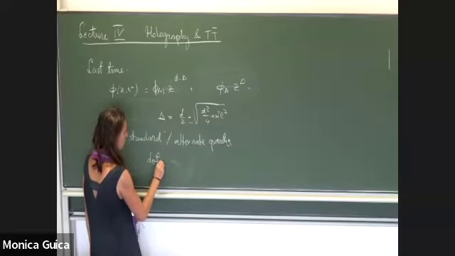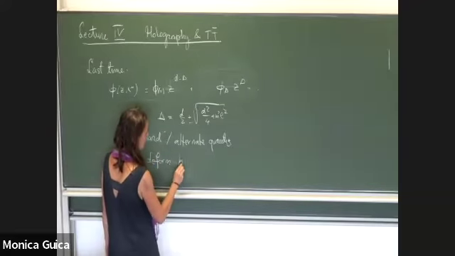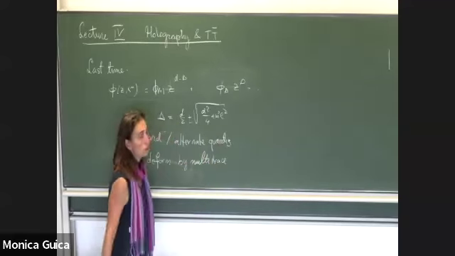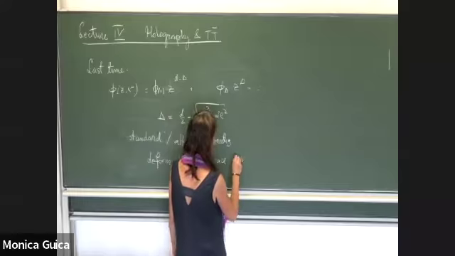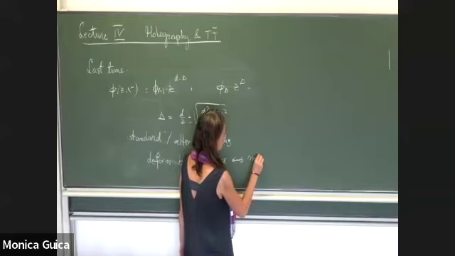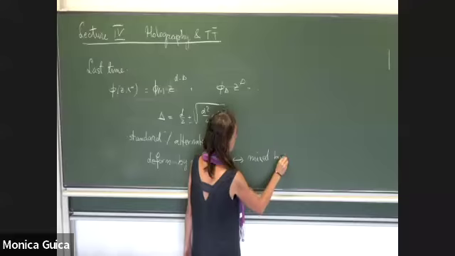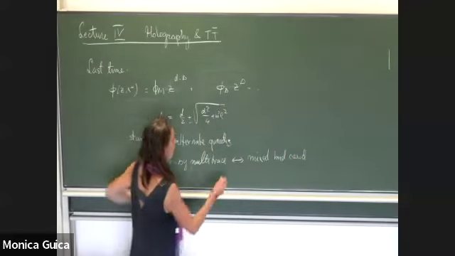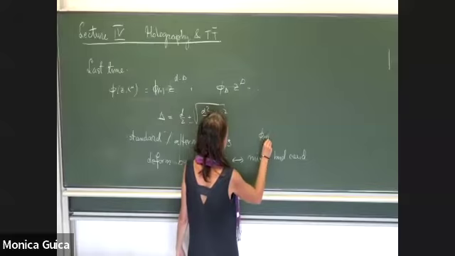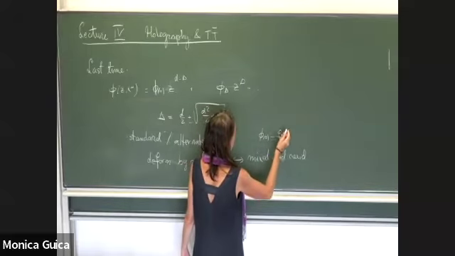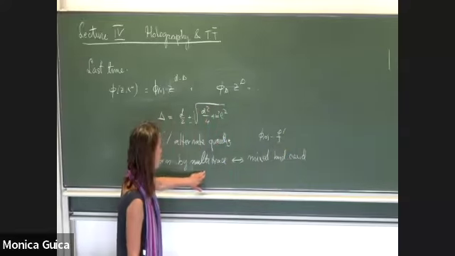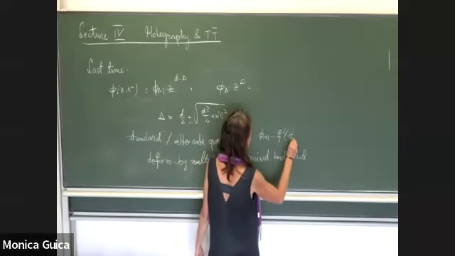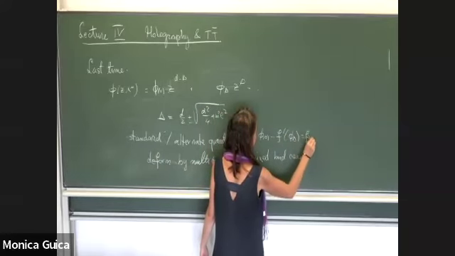If we decide to deform the CFT action by a multi-trace operator, then we found that what this does in the bulk is to impose a mixed boundary condition for the bulk field, of the form phi_0 minus whatever the multitrace function was, we call the multitrace function f prime over Delta, fixed.